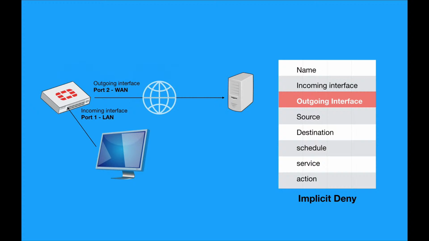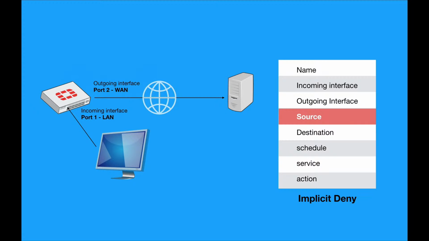So we have two interfaces, the incoming interface and the outgoing interface, and from there we move to the source. What is the source that makes the traffic? Well, that can be your clients.